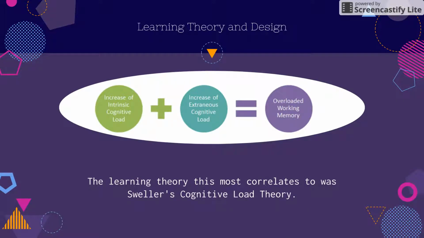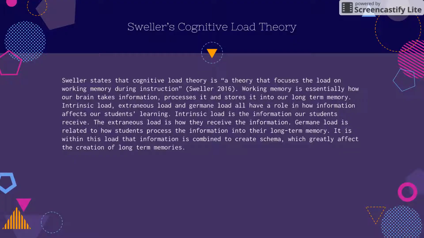So the learning theory and design that most correlates to what I did was Sweller's cognitive load theory. And Sweller states that the cognitive load theory is a theory that focuses on the load on the working memory during instruction. Working memory is essentially how our brain takes information, processes it, and stores it into our long-term memory.